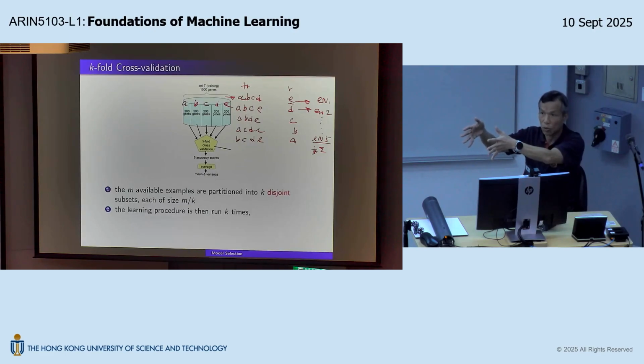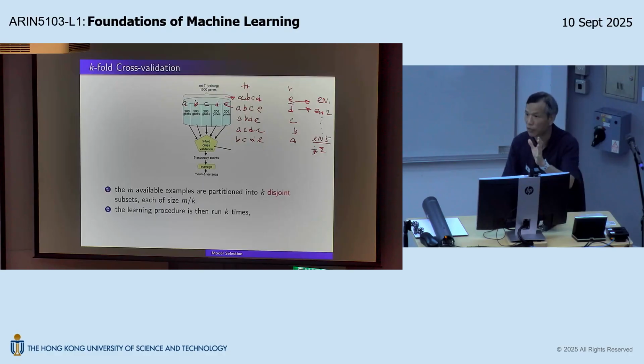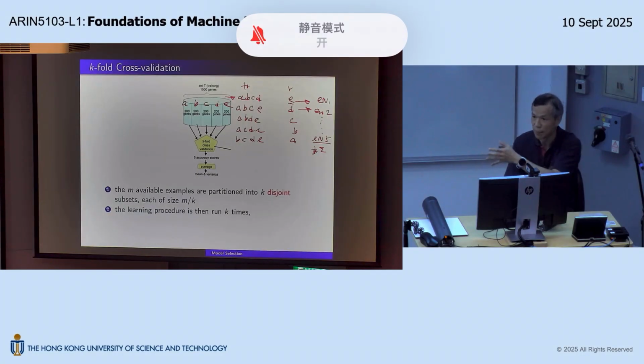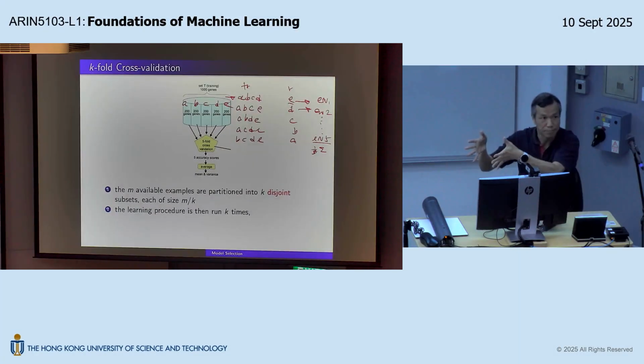You don't want any overlap between the validation set and the training set, because otherwise it is like training on the 2025 Gaokao and then evaluating on the 2025 Gaokao. Of course you can get 750, but that doesn't mean you will get 750 next year. So there should be no overlap.